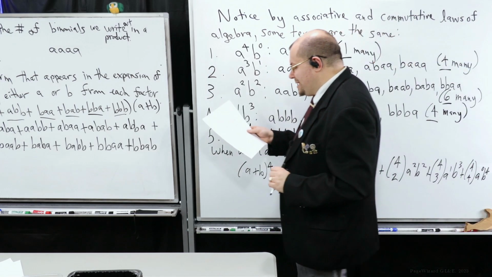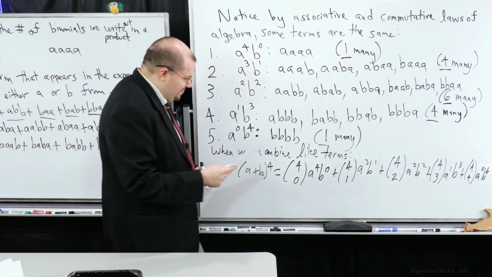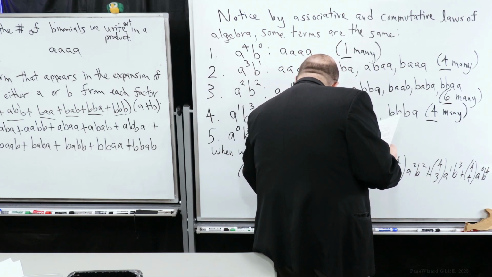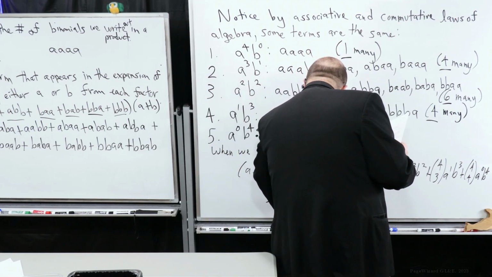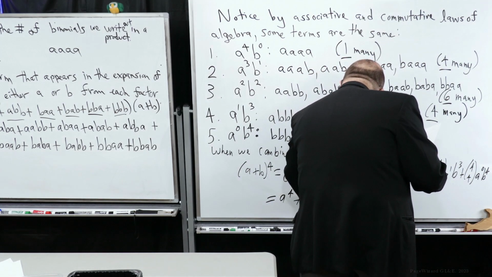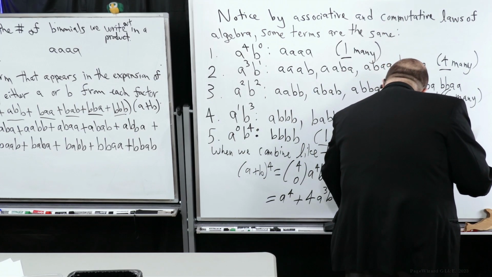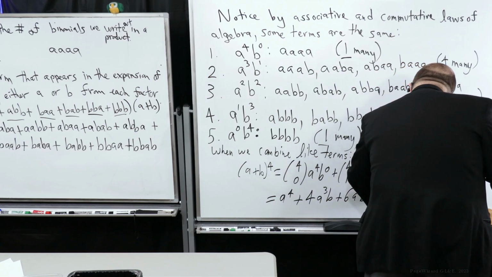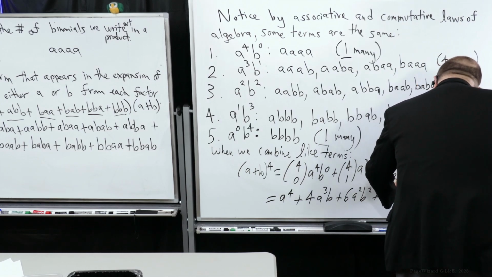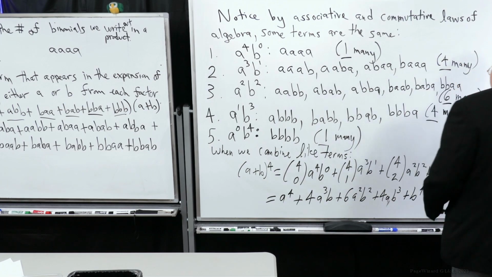Well, what is that? Well, let's see. Remember, that's just 1, so it's just a to the power of 4, right? So I'm going to simplify this. Got 4 times a cubed times b plus 6 times a squared b squared plus 4ab cubed, where b is cubed specifically, plus b to the power of 4.